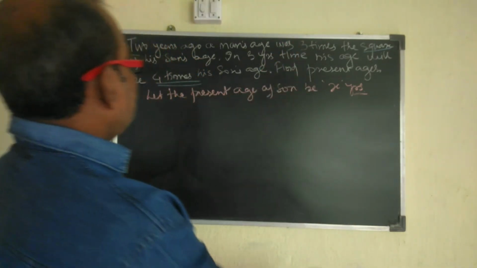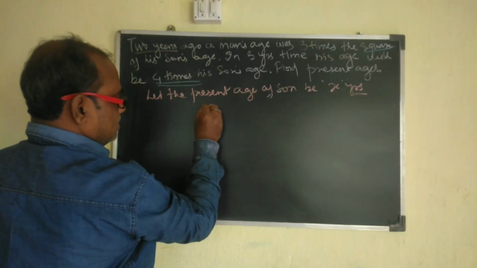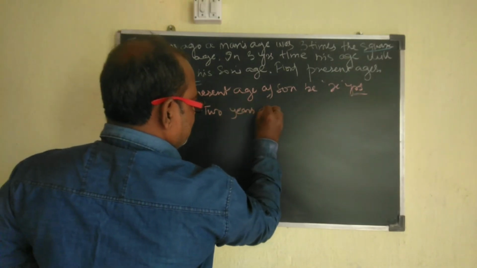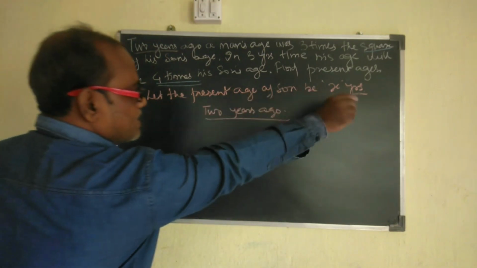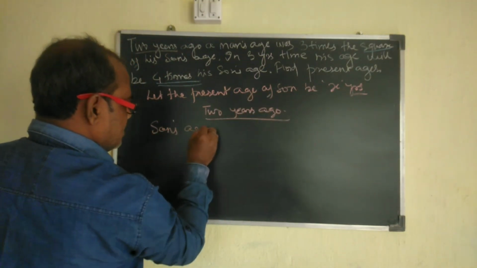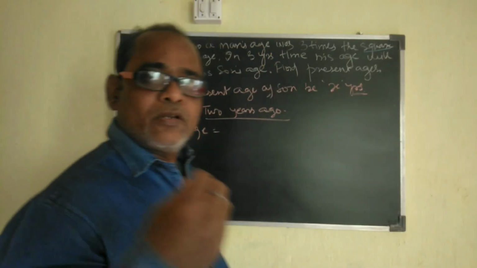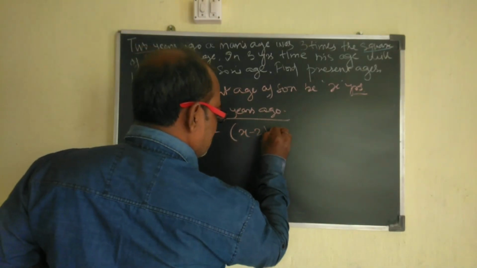Now our question starts here, 2 years ago. Write here: 2 years ago, what will be the son's age? The present age of the son is x, so 2 years ago the son's age will be x minus 2 years.